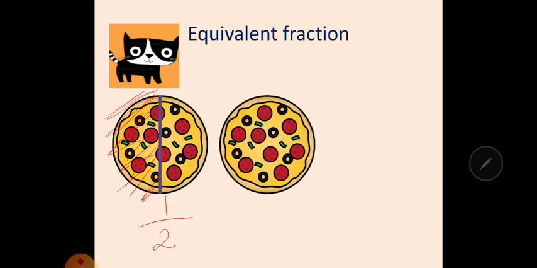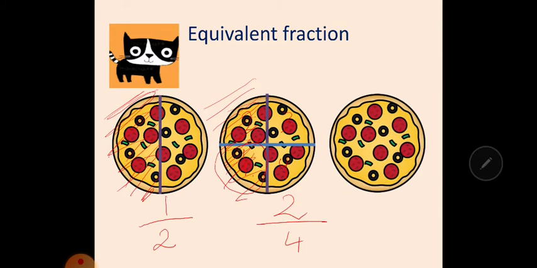Okay Cookie, I'll bring the pizza again, and this time I'll cut it into 4 equal pieces. Do you think Cookie can eat this piece like this? No, still big. Now if you see, the shaded area is 2 pieces out of what is my denominator. All of them is 1, 2, 3, 4, so 2/4, but it's still too big for her mouth. So again, I will cut it again.